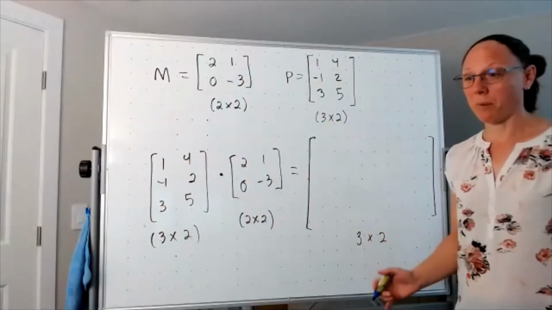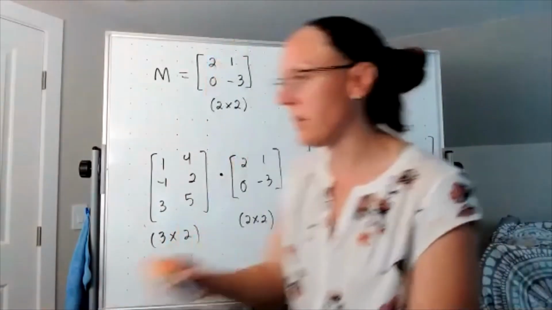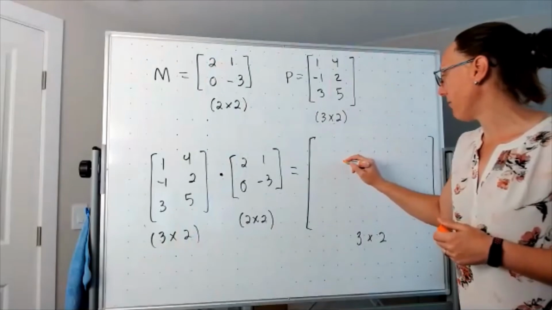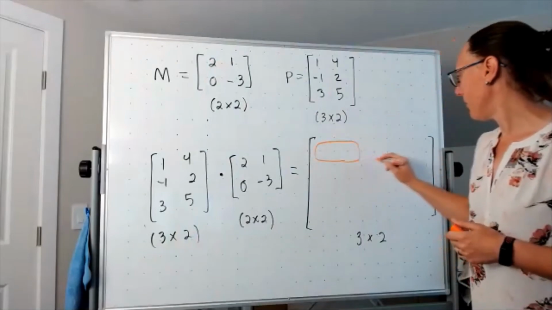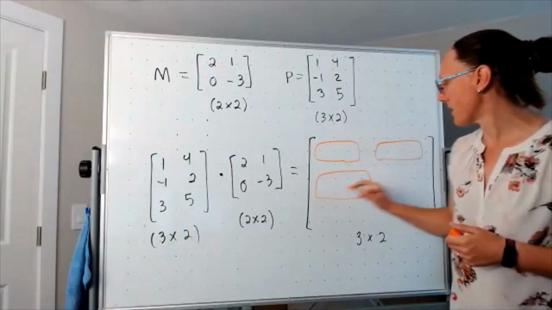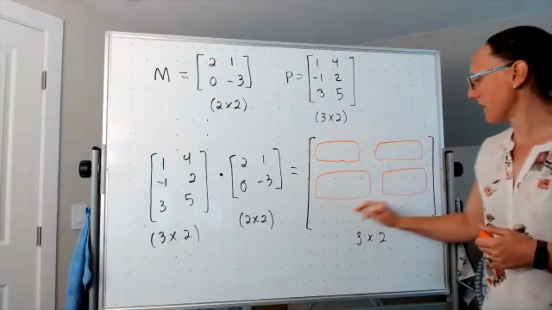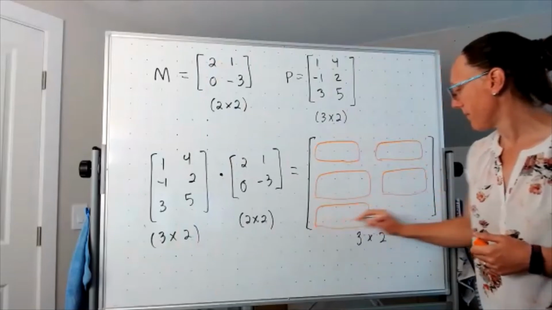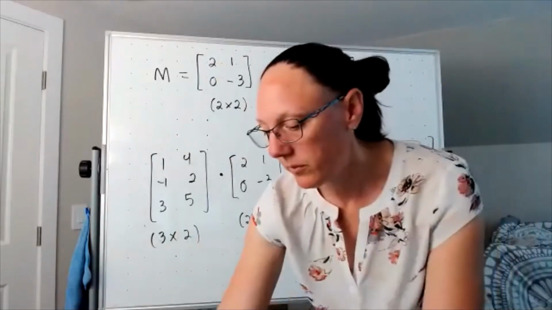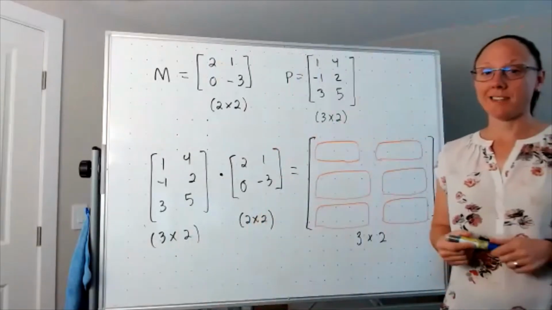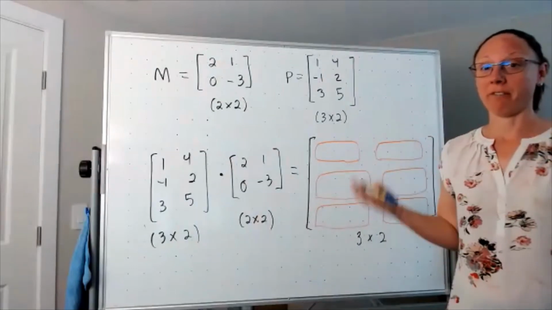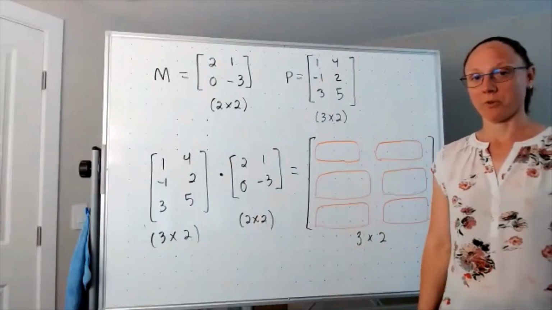Now, I know I made it really big, but since it's a 3 by 2, I am just giving myself the space to do my arithmetic. I'm going to do this first one slowly, to help show the process of what we're doing.